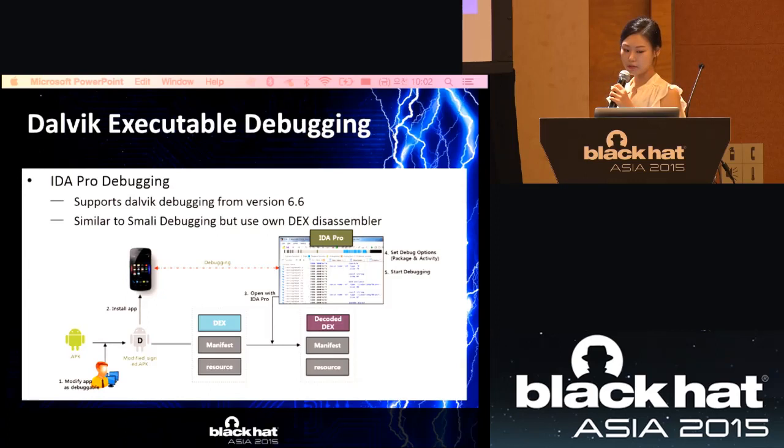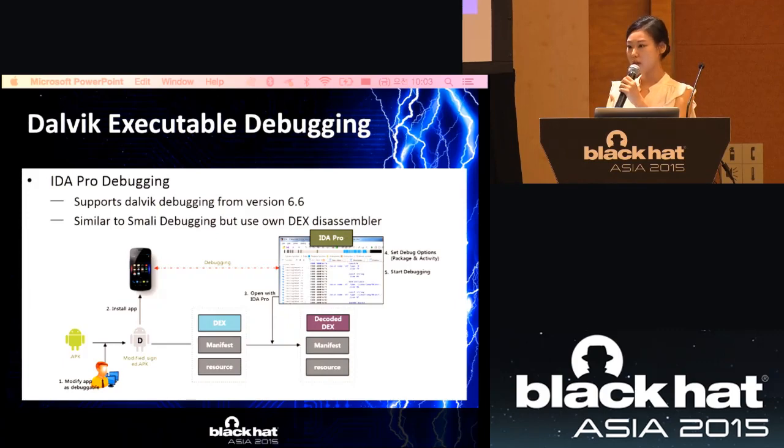IDA Pro supports Dalvik debugging from version 6.6, and basically it is similar to Smali debugging, but uses its own text disassembler. First of all, the analysts take the same measures as for Smali debugging. They need to modify the application into a debuggable mode.